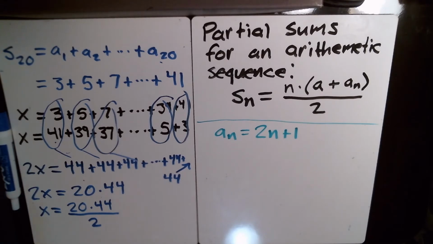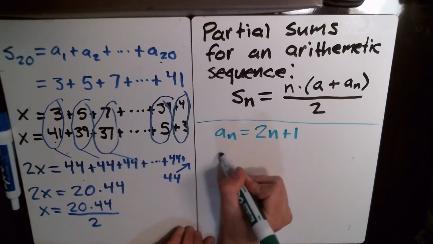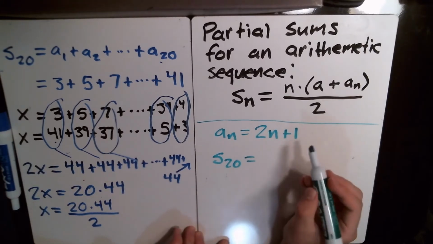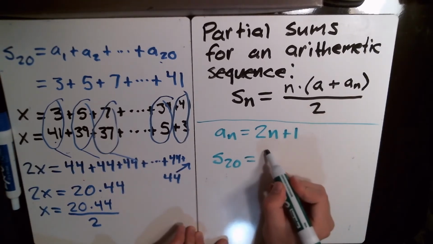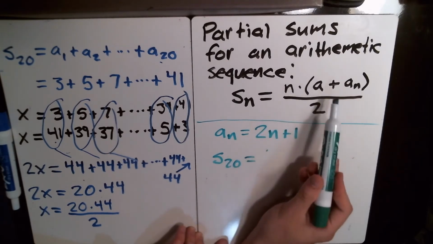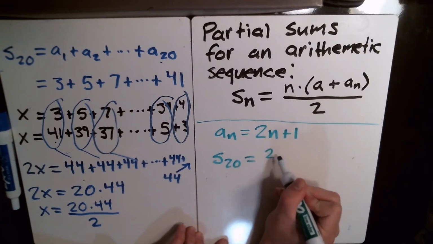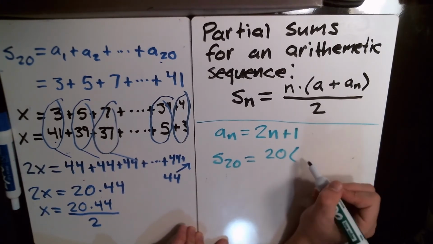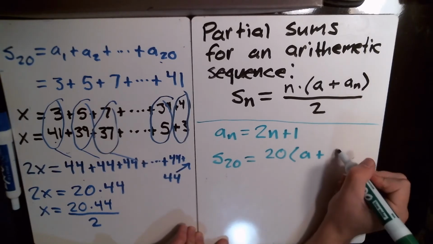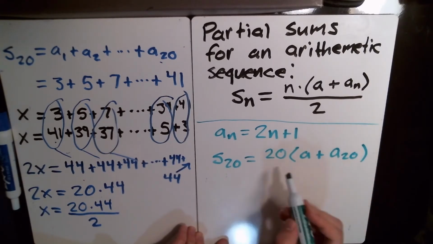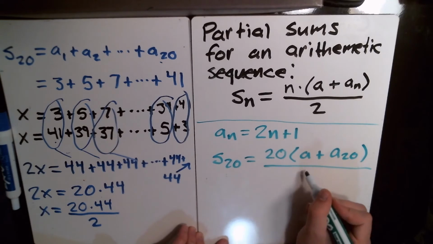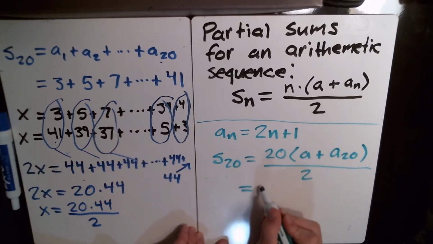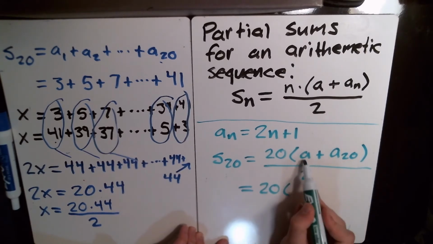So to find s sub 20, if I use this equation, essentially what it tells me is I replace everywhere there's an n with a 20. So it would be 20 times a plus a sub 20, divided by 2.